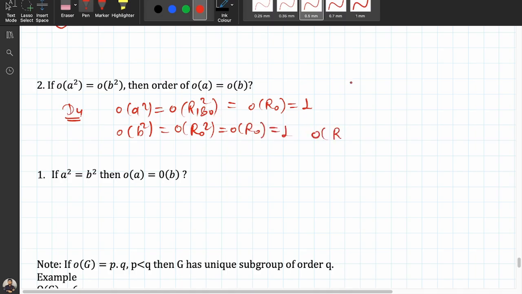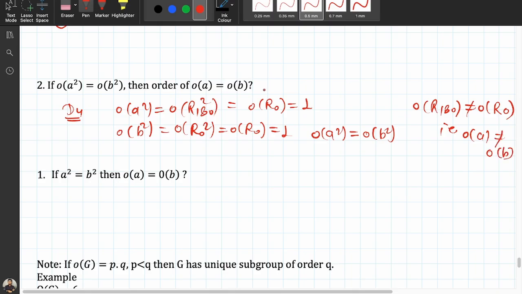Then the order of A square is equal to the order of B square. Now what about the order of A and the order of B? The order of R180 is not equal to the order of R0. It means the order of A is not equal to the order of B. So it is not true.